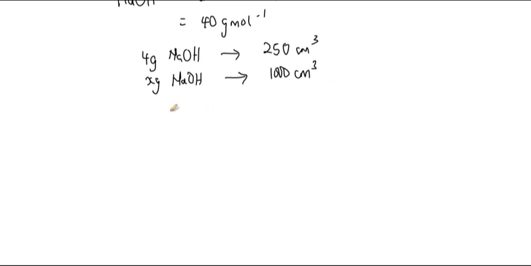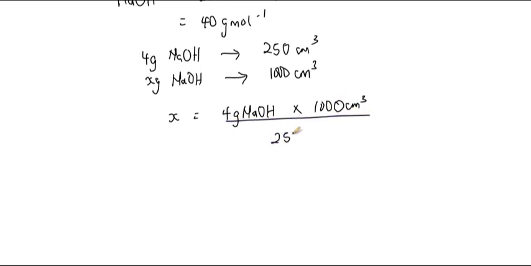So then we have X to be 4 grams sodium hydroxide times 1000 cm³ divided by 250 cm³.